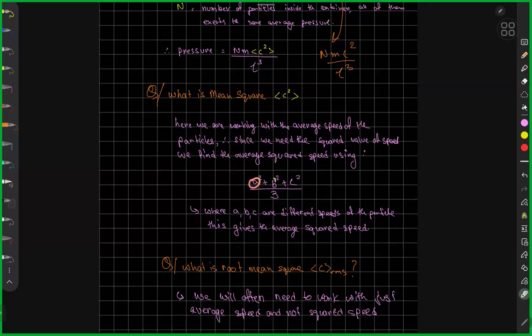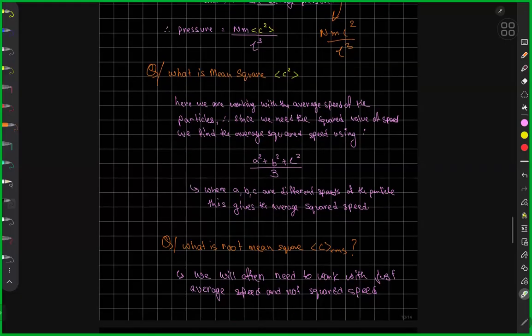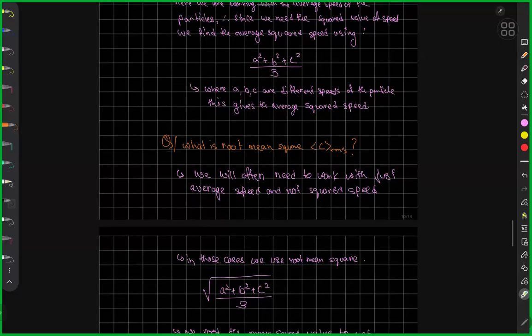Let's say speed A, speed B, speed C, right? And what we do is we square those speeds out and divide by 3 to get the average speed square. Simple till this point. Now we can root this value to get the root mean square.